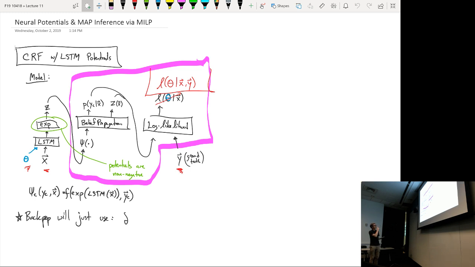So it's going to be the derivative of the loss, L, which is a function of theta given x and y. And it's going to be with respect to z, right? Which is, you could just say a gradient with respect to z of that loss.